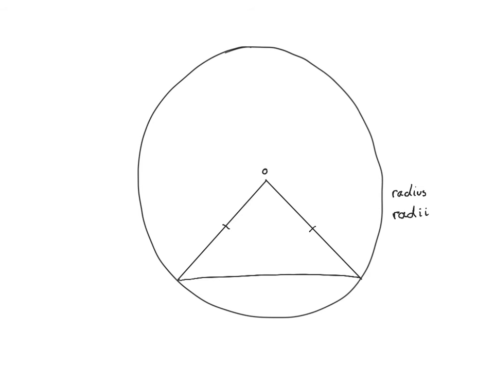The center is O, that's A and that's B. If we draw the chord AB, you'll remember it's the line joining 2 points on a circumference, then this triangle and all triangles that you make using two radii like this is isosceles.